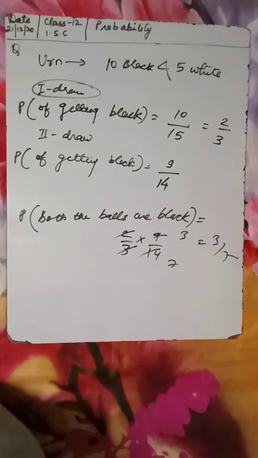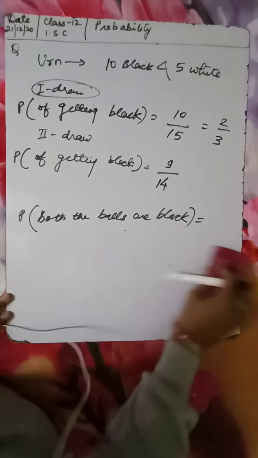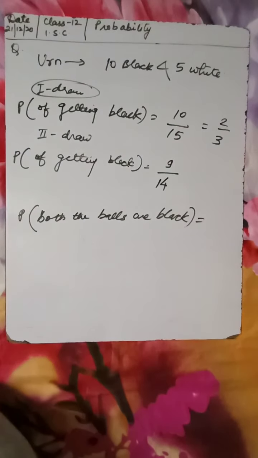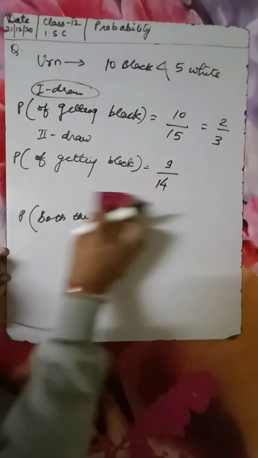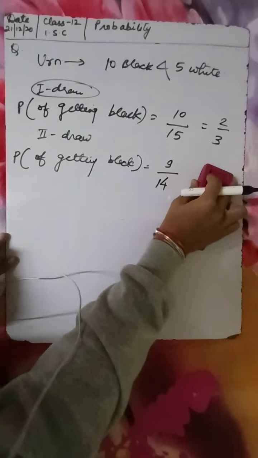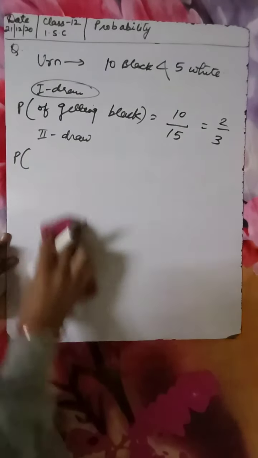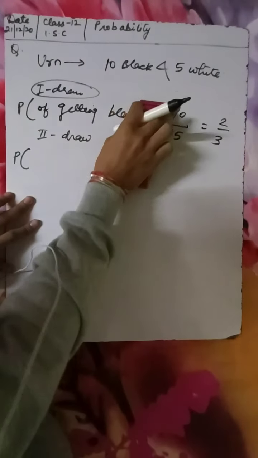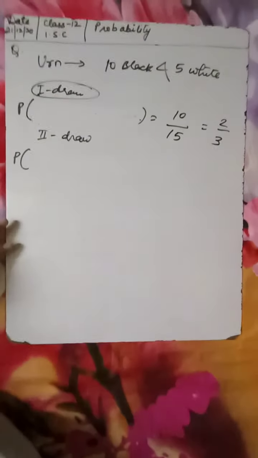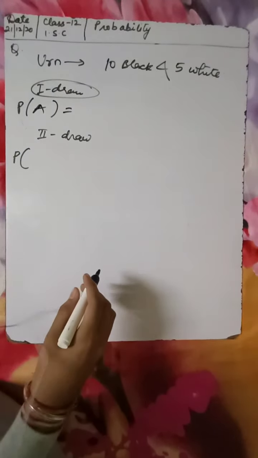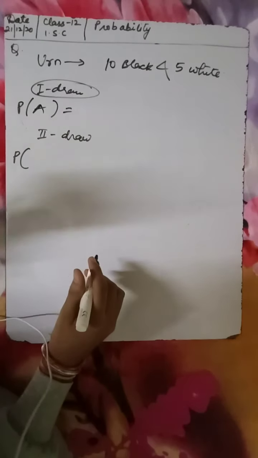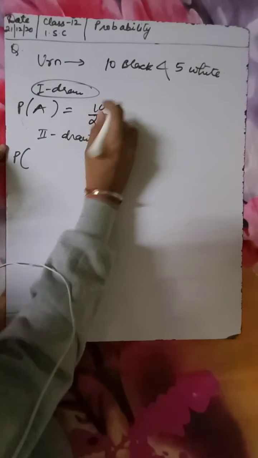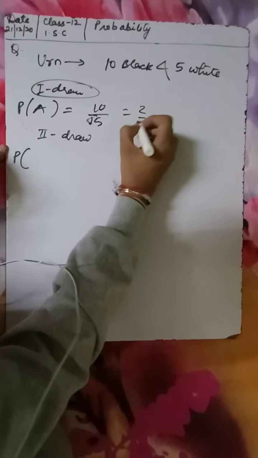You can understand it in this way. If you are not able to understand how they are independent, just see. Let us consider these two as two events. Let probability of A be the event of getting the black ball. So it will be 10 by 15, that is 2 by 3.